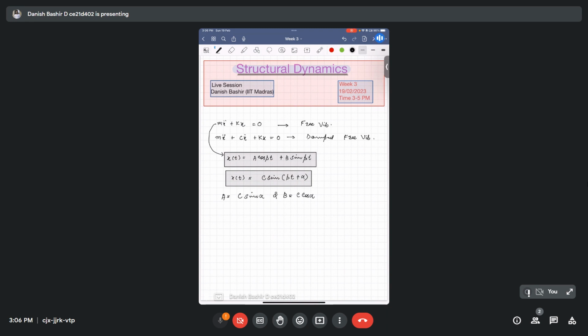We note that p was the natural frequency, already I mentioned it, and natural time period.